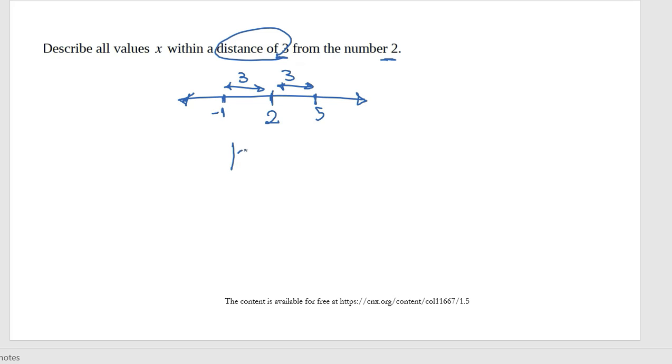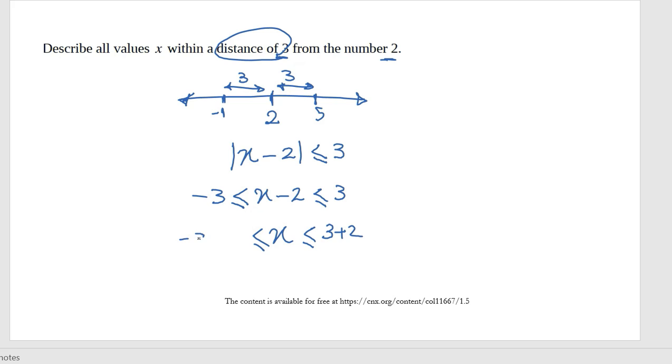So basically absolute value of x minus 2 is less than or equal to 3. Then x minus 2 is less than or equal to 3 and more than or equal to negative 3. So x is between 3 plus 2 and negative 3 plus 2. So x is between 5 and negative 1.